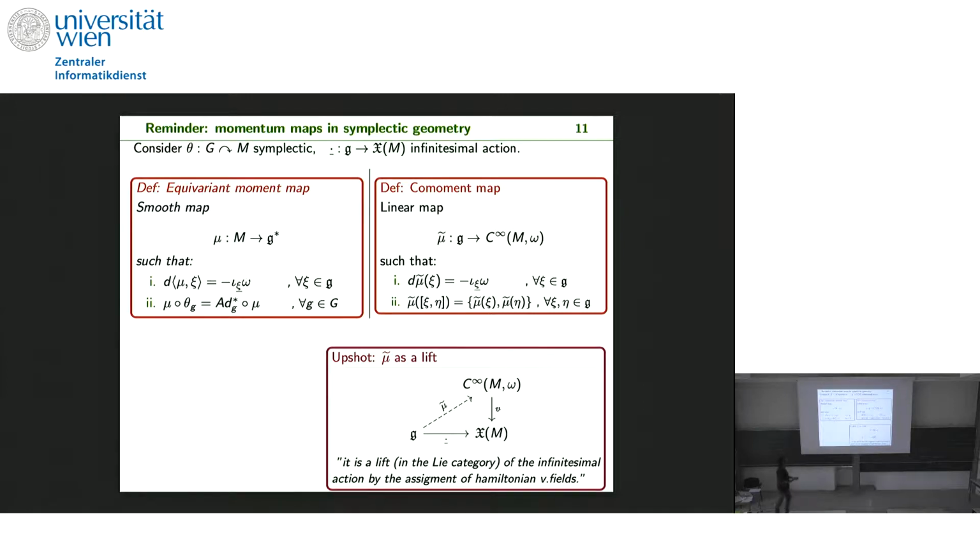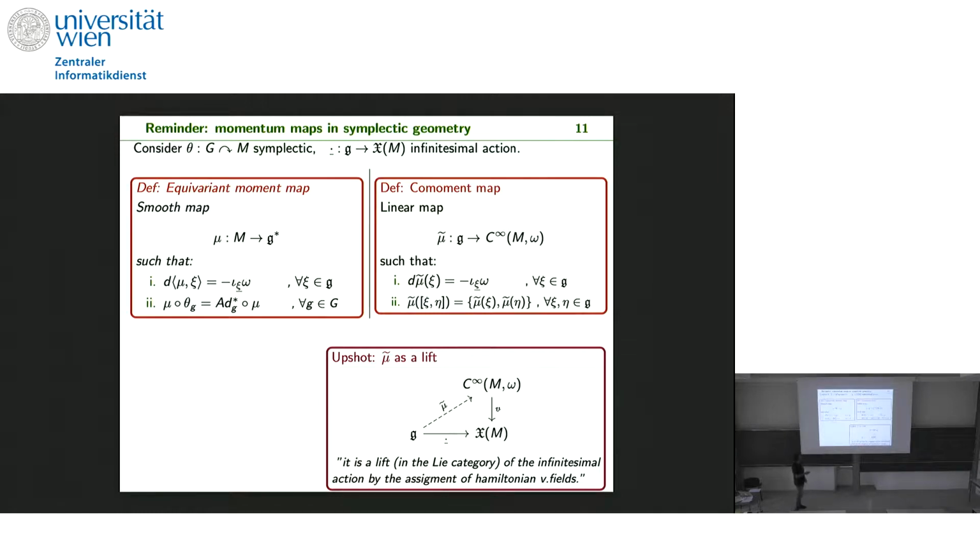Okay, so the upshot, how you can see this more conceptually, is that the comoment map mu tilde can be seen as a lift of the infinitesimal action along the assignment of Hamiltonian vector fields, the map that maps functions into Hamiltonian vector fields, inside the category of Lie algebras. Why am I giving this diagram?